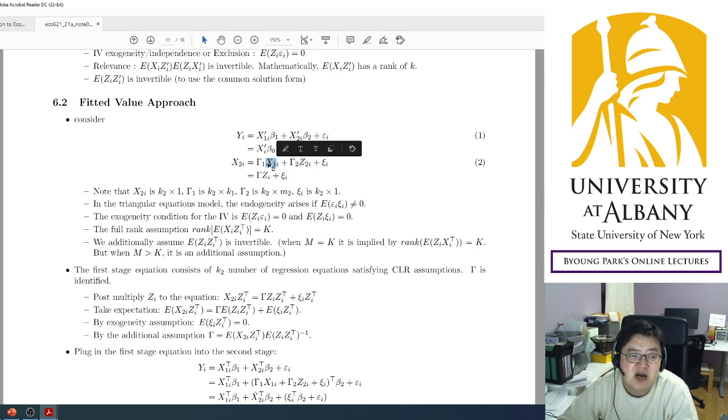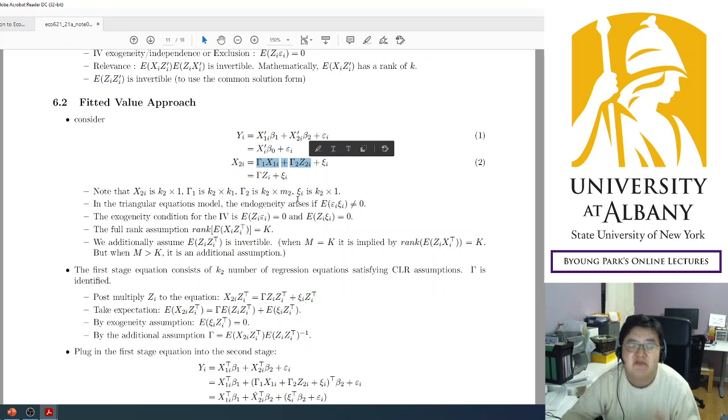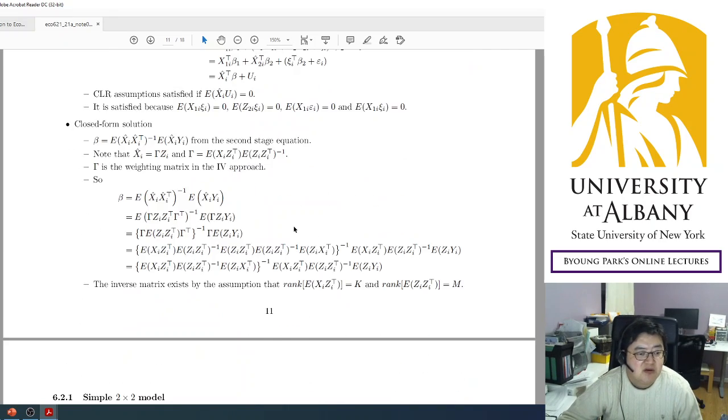Because it is not correlated with epsilon, there is no problem in including x1 here. So it is always better to include x1 to have a better estimator, better efficiency. You can have more variation that you need, right?